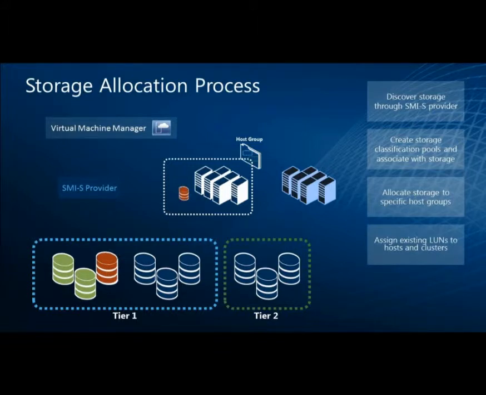So I can take that existing LUN and attach it to that cluster of hosts right there, or I can create a brand new LUN, and then once I've created that LUN, attach it to that existing host. And what this allows me to do now is create the LUNs and manage the LUNs as I need them for the different hosts. We take care of, through the SMI-S provider, the masking and unmasking of LUNs.